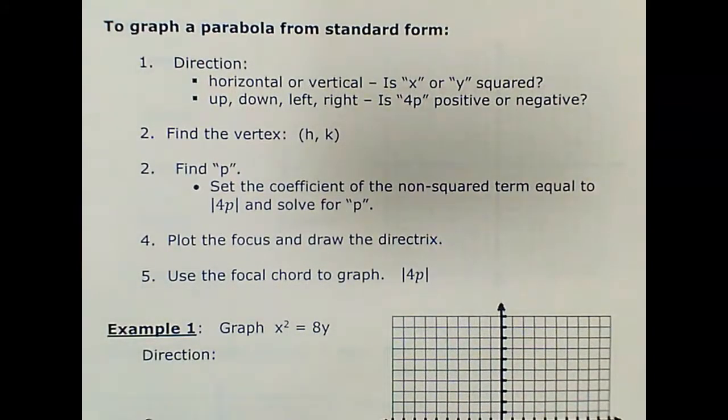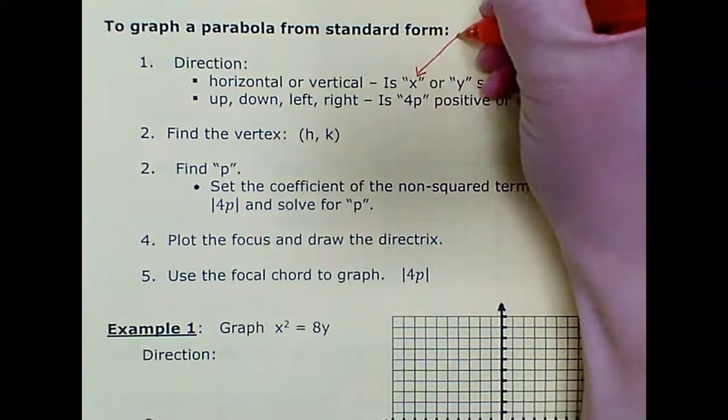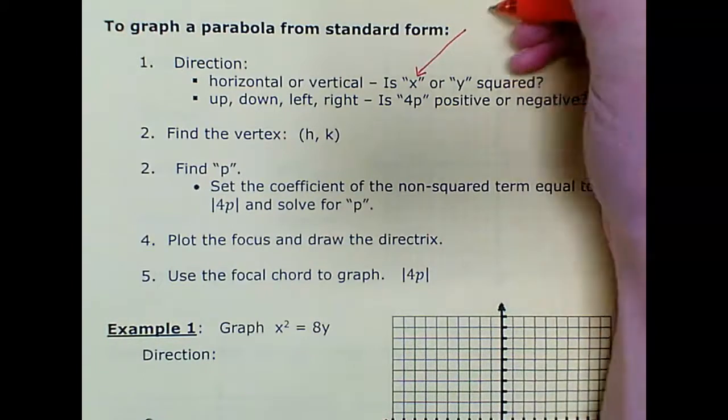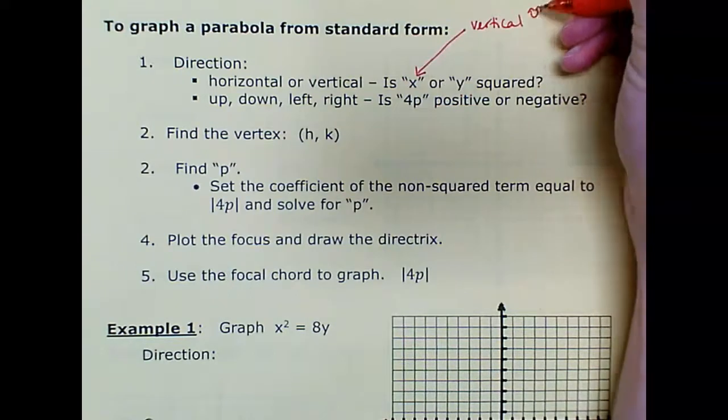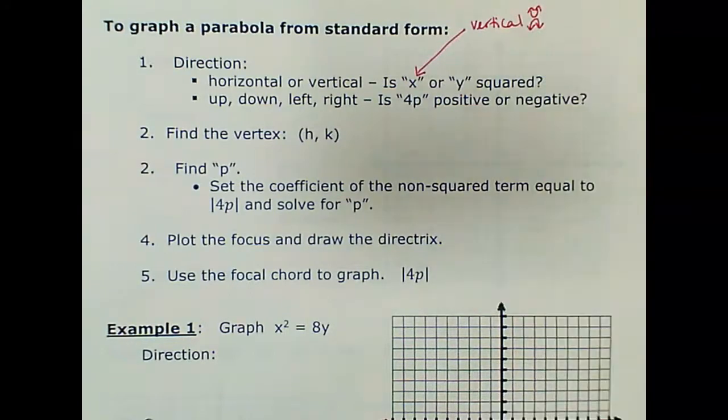To graph a parabola in standard form, first you need to figure out the direction. So you need to figure out if your parabola is opening horizontally or vertically. If x is being squared, remember that's normal, that's vertical. So either it's opening up or it's opening down.